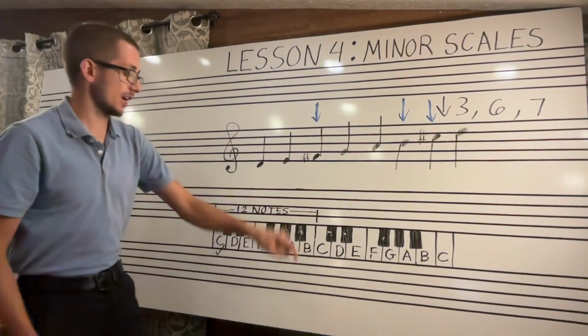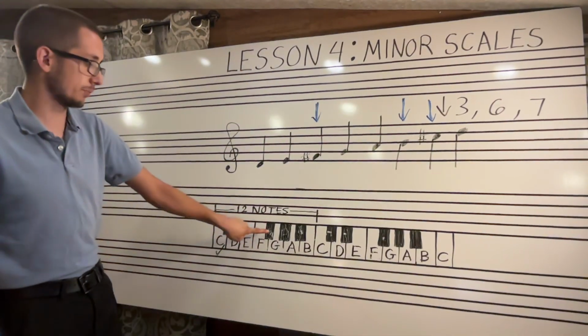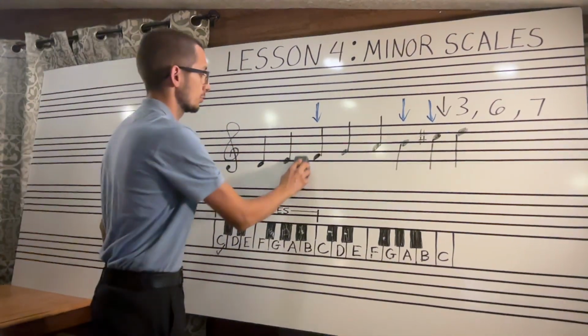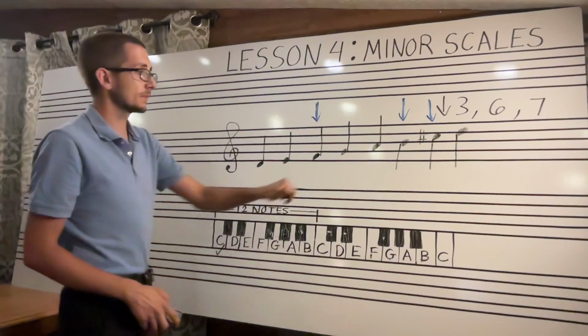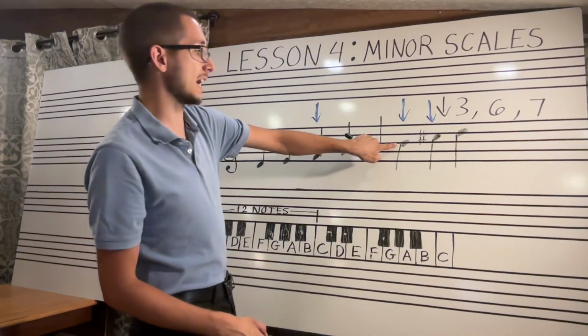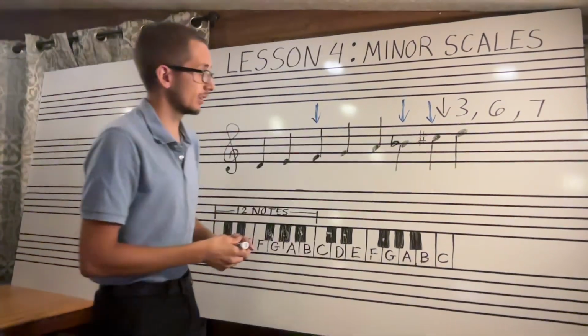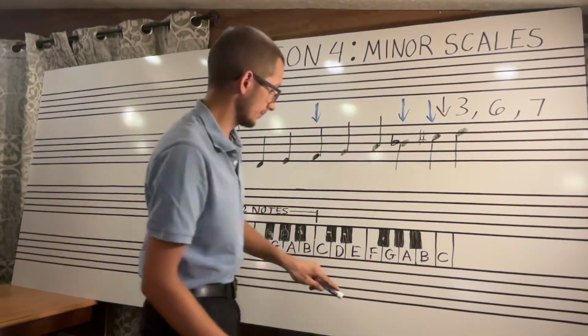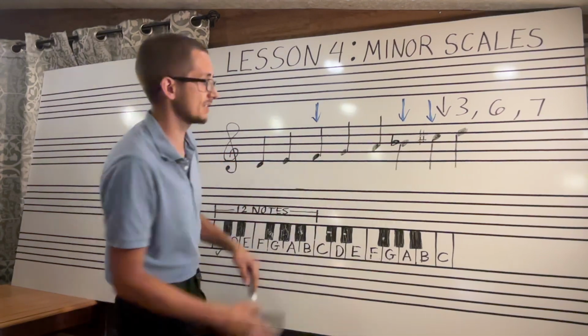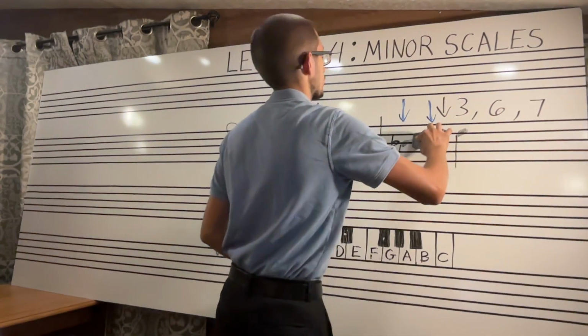If we lower this F sharp, that F sharp will turn into an F natural. So we'll just take away that sharp sign there. If we lower this B natural, that B will turn into a B flat. And if we lower the C sharp, that C sharp will turn into a C natural. So we'll just take away that sharp.